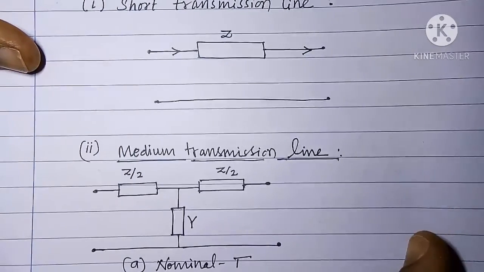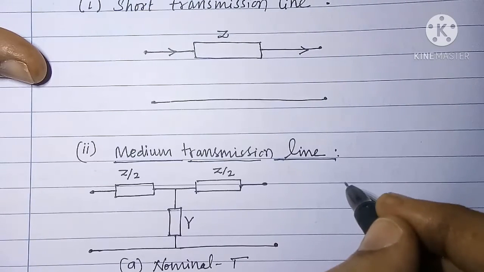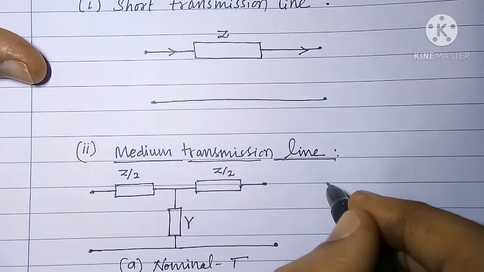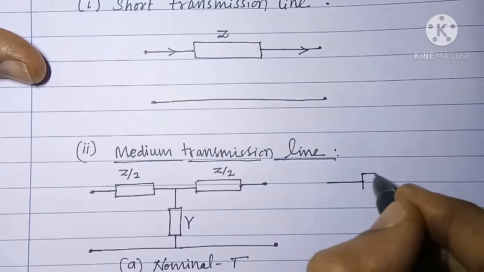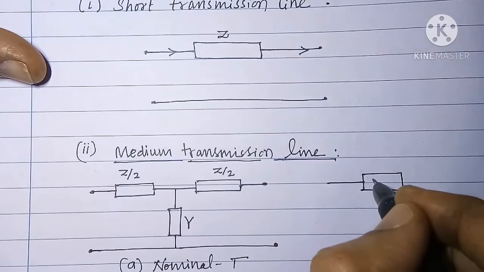Nominal T network. Another one is nominal pi network.